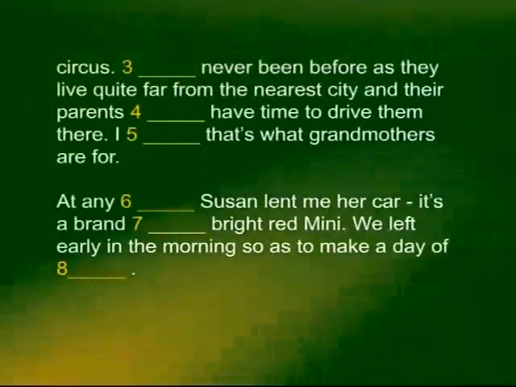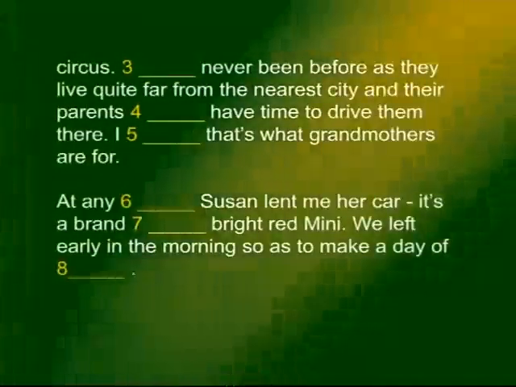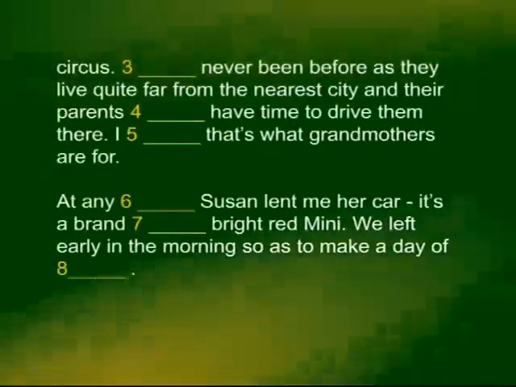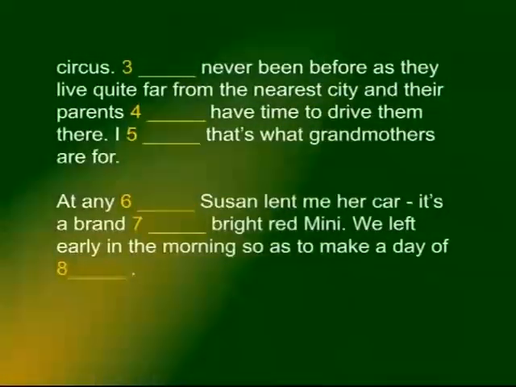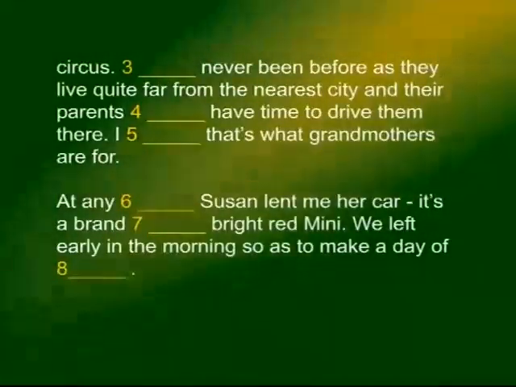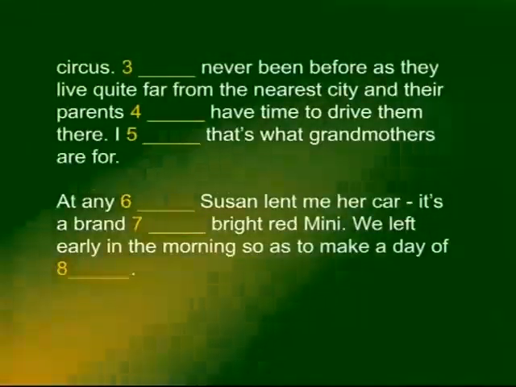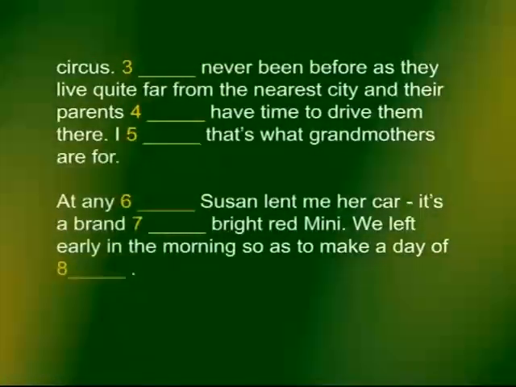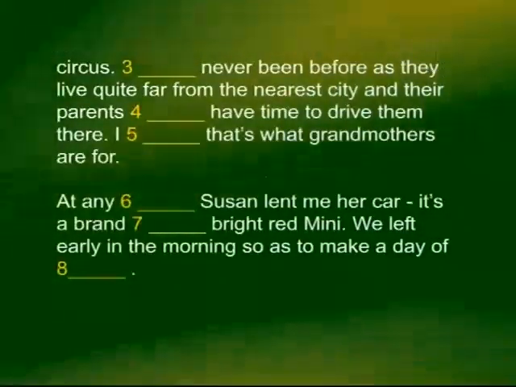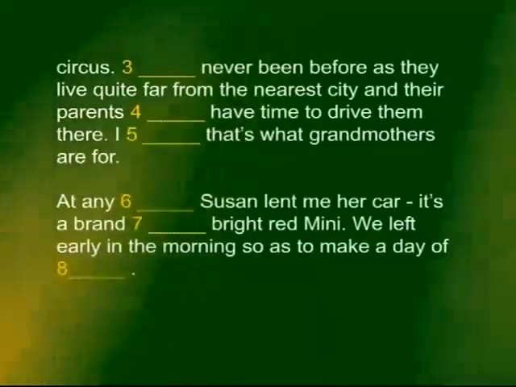They'd never been before, as they live quite far from the nearest city, and their parents never have time to drive them there. So, for gap number 3, the lady is referring to the children in the previous sentence, Mark and Michelle, so you will have to use the word they. They'd never been before, used as one word, as a contraction.